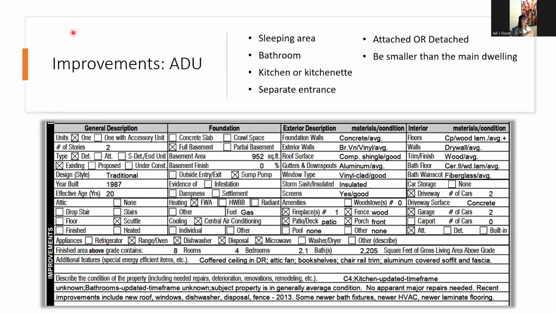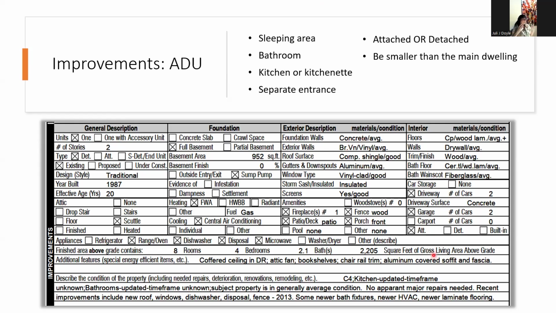It shows the underwriter that this property value is supported because 3 or 4 other properties that are similar to that property sold for a certain amount of money. If this was an accessory dwelling unit, then at least 1 or 2 of the comparables used need to be an accessory dwelling unit. The market has to support that accessory dwelling unit.